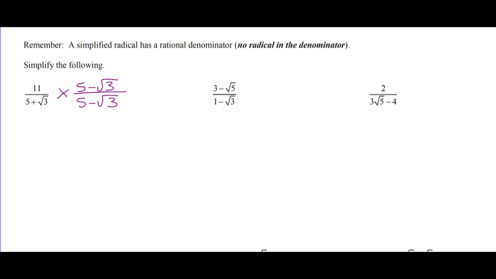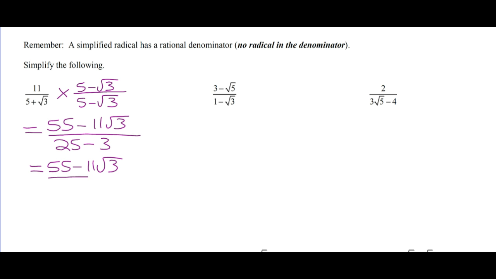Up top, 11 times we get 55 minus 11 root 3. On the bottom, we get 25 minus 3. So it's 55 minus 11 root 3 over 22. Does that simplify? They're all divisible by 11, so you just divide out the 11, or factor it out of the top and the bottom and cancel it.